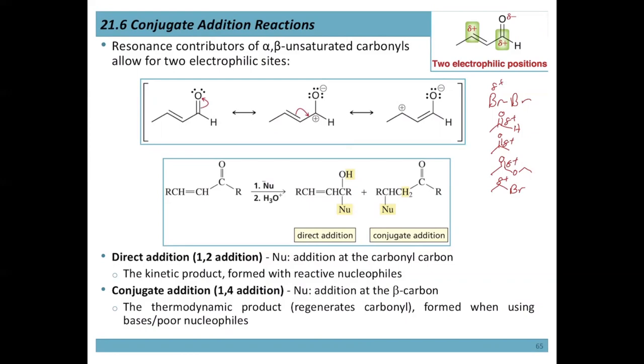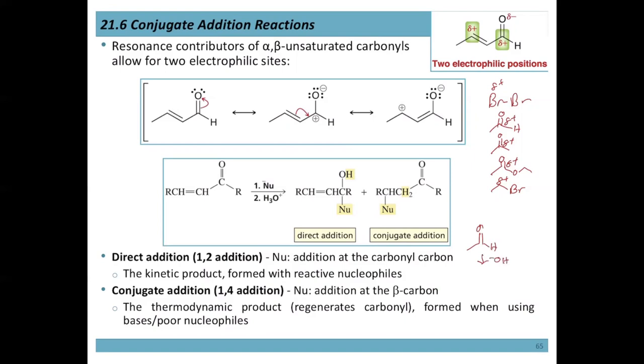So the new electrophile is actually going to be this alpha beta unsaturated carbonyl. And I asked you previously, at the end of the last lecture, if you remembered how to make that. Hopefully you put in some mental effort and figured out that it is simply the product of an aldol condensation.